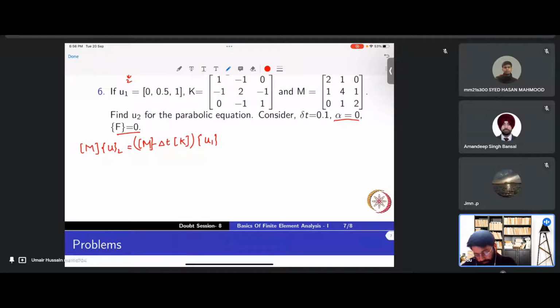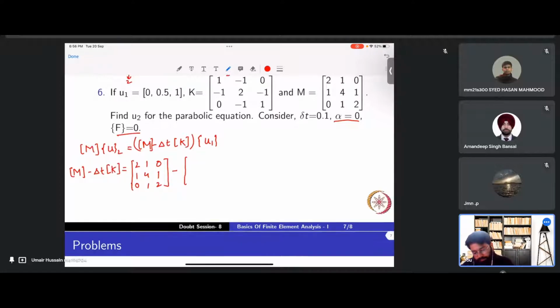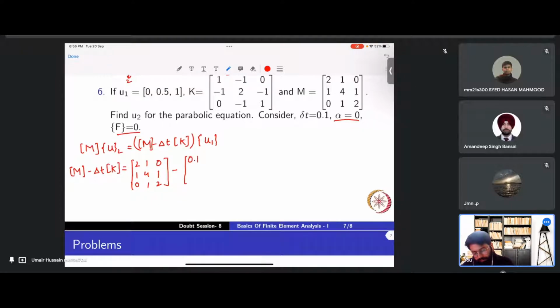First we find m minus delta t times k. We have m as 2, 1, 0; 1, 4, 1; 0, 1, 2, and delta t times k, with delta t 0.1, right? Just multiply every cell.